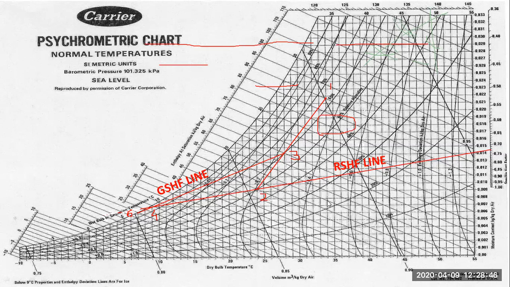Sir, can you please repeat? Okay. You have found the RSHF value as 0.725. There is a scale on the right hand side. There you locate 0.725, and from there you draw a line till your alignment circle.